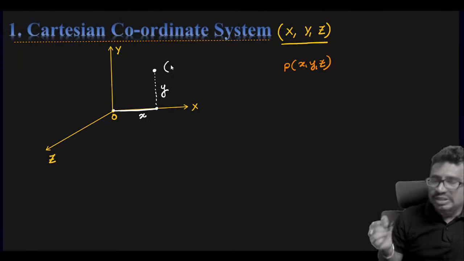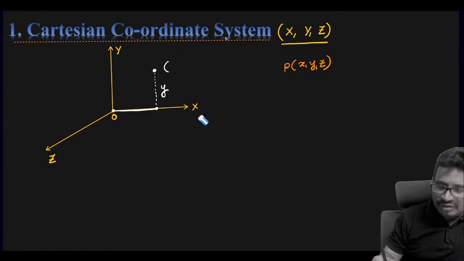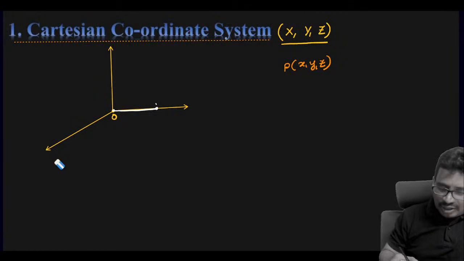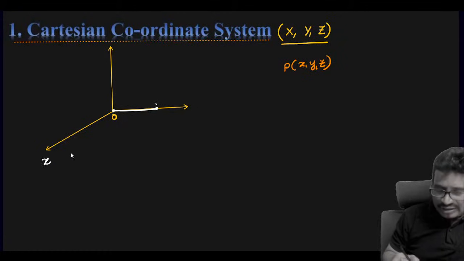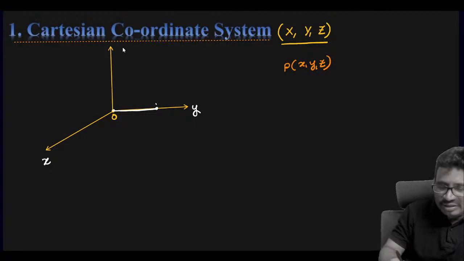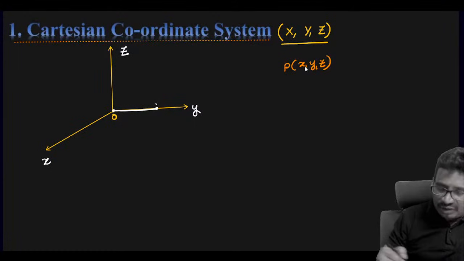For convenience, I am considering this axis as the z axis, as it is confusing otherwise. So this is the x axis, this is the y axis, and this is the z axis. Now, how do we locate the point? First we move a distance of x units parallel to the x axis.